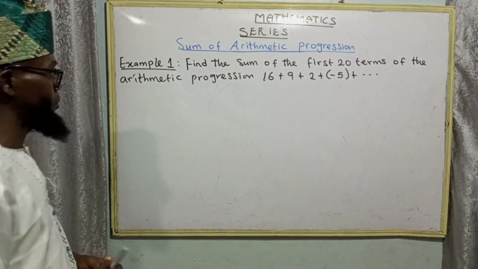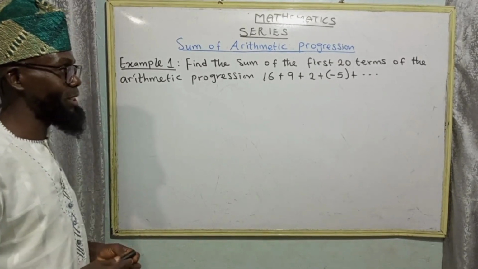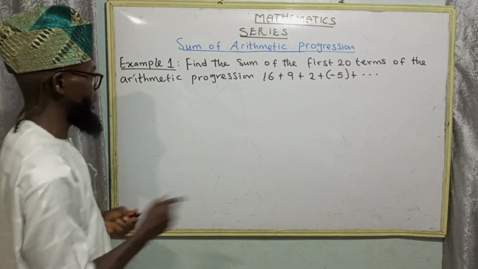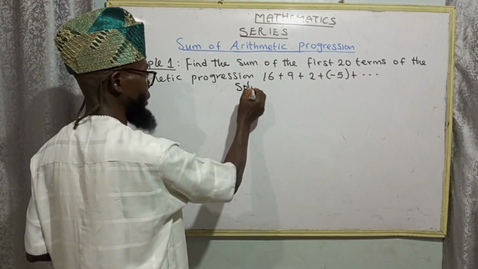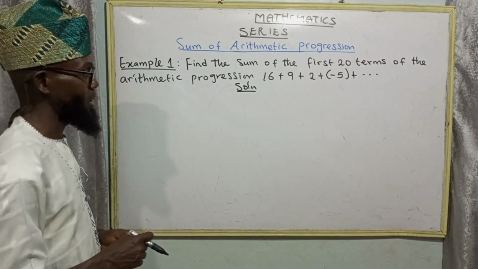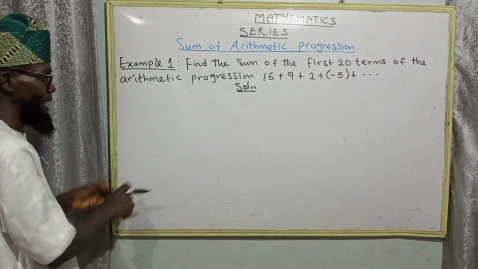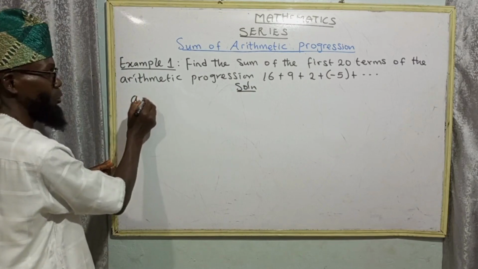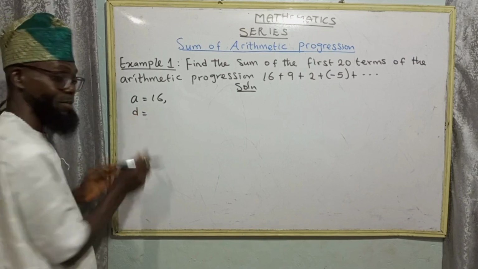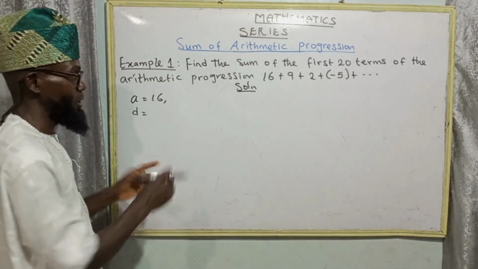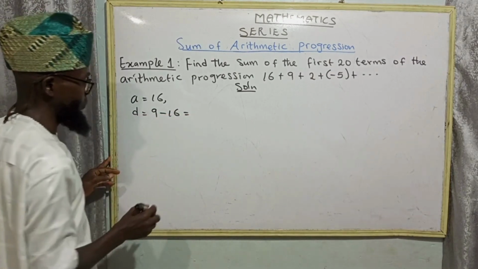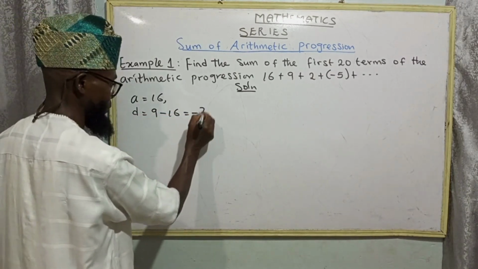Example 1. Find the sum of the first 20 terms of the arithmetic progression. We want to find the sum of the first 20 terms. From here, our first term A equals 16. Our common difference D, since in an arithmetic progression we measure the common difference, is 9 minus 16, which gives us minus 7.